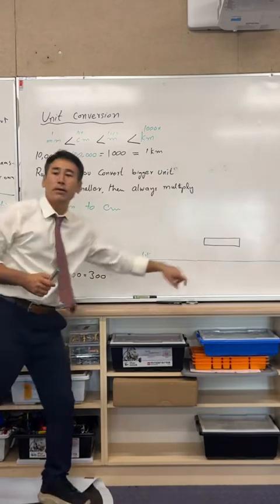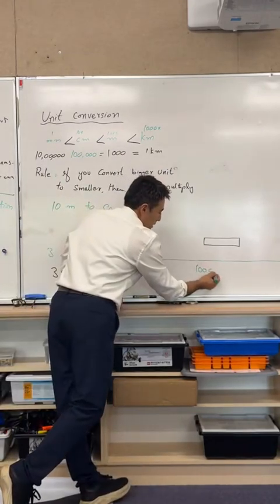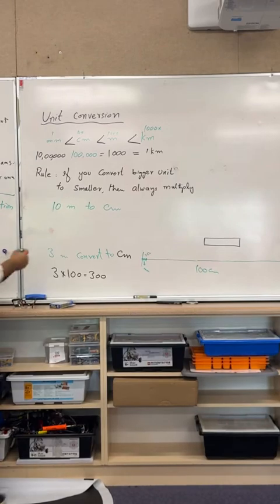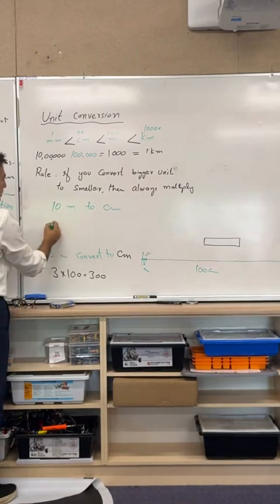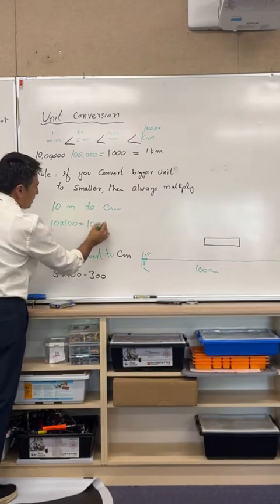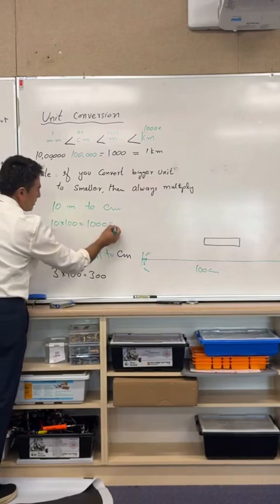That's 1 meter. How many of these centimeter you have? So remember that's 100 centimeter is in 1 meter. So you have to convert by times it by 100. So 10 meter into centimeter, 10 times by 100, which is 1000, right? So that is now centimeter.